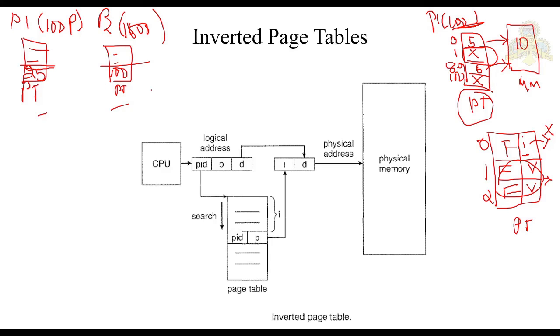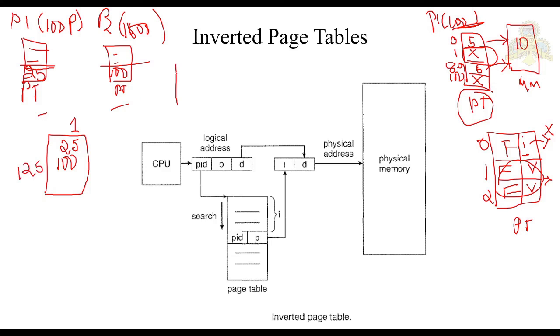So in the inverted page table, in the entire system you will have only one inverted page table. The 25 pages of process P1 and 100 pages of process P2, the entries for these will be there. So in the inverted page table you will have 125 records.